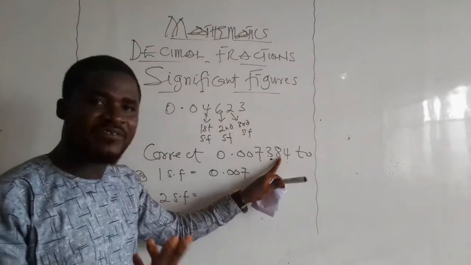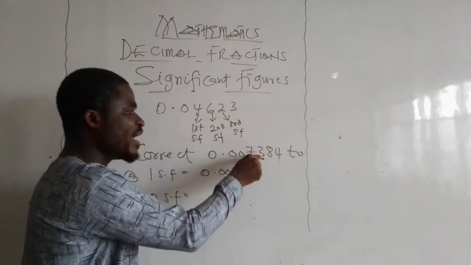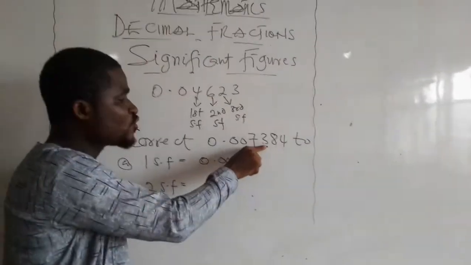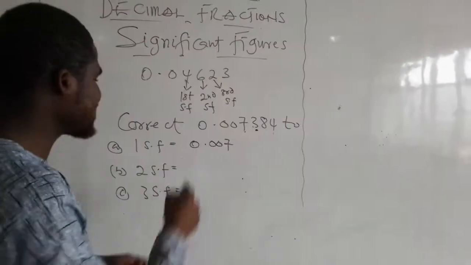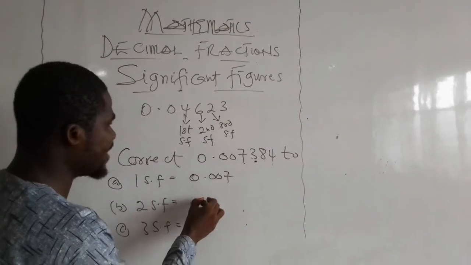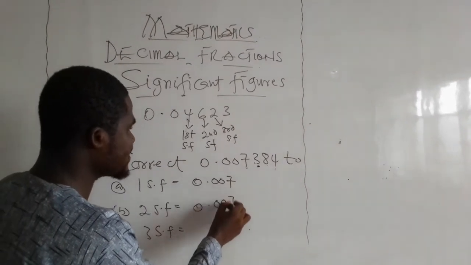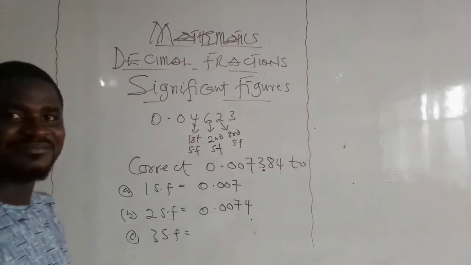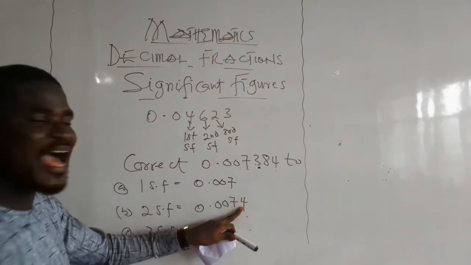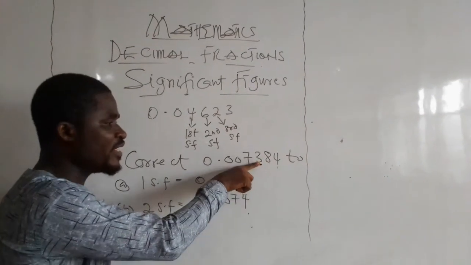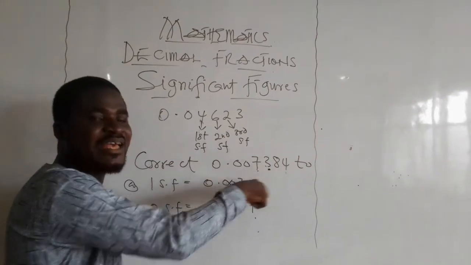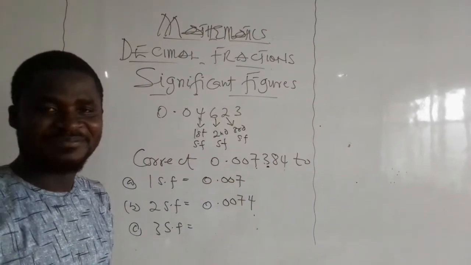Because it is more than 5, I have to add 1 to the 3 to become 4. So my second SF will be 0.0074. Why 4? Because I added 1 to the 3, because the number here is more than 5.